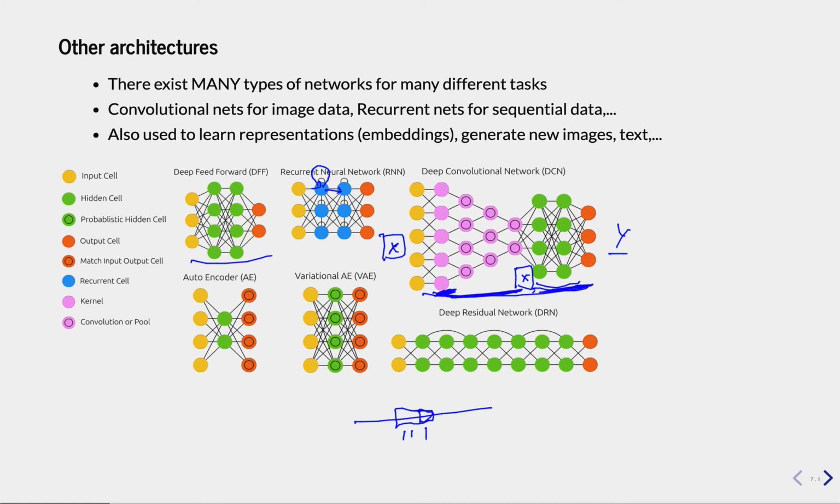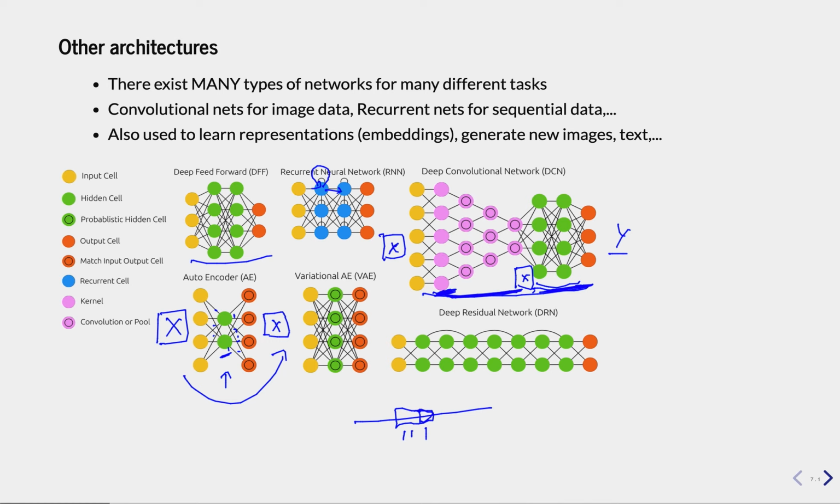And then there are other kinds of networks as well. We have autoencoders where we have some complex input X, like an image, and then we try to represent that in as few nodes as possible. And then at the end, we have an output again, and we try to learn the weights so that this original image gets mapped to almost the same image at the end, but going through this low-dimensional representation.